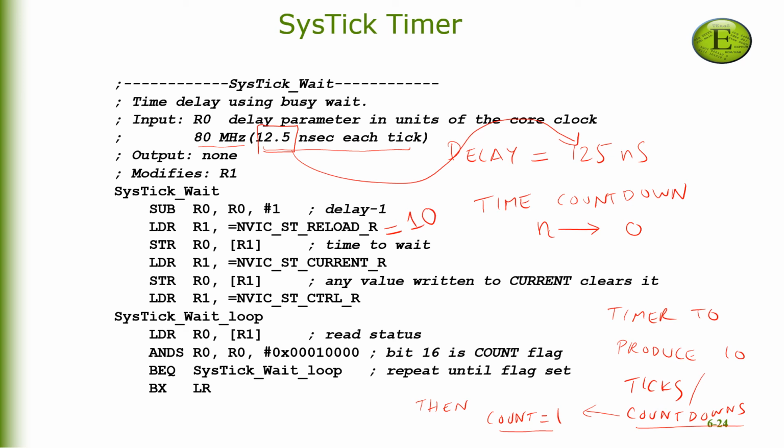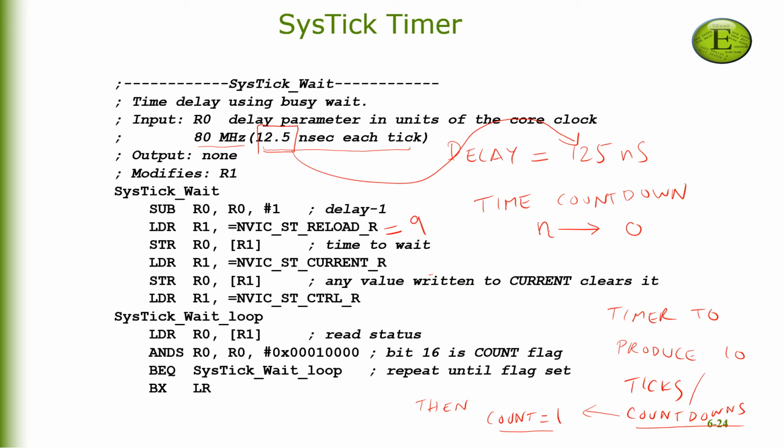So we want our timer to count down 10 ticks before count is set equal to 1. So the value that we are going to put here is equal to 10. Now, if the reload value is 10, our timer is going to count from 10 all the way to 0. Now that is not 10, that is actually 11, right? So this value really should be 9.